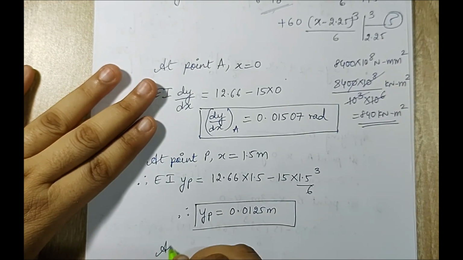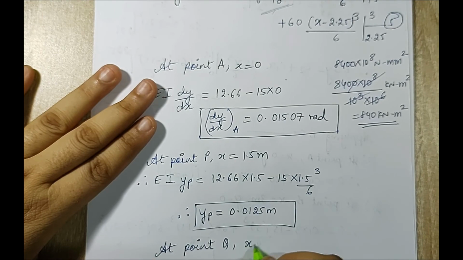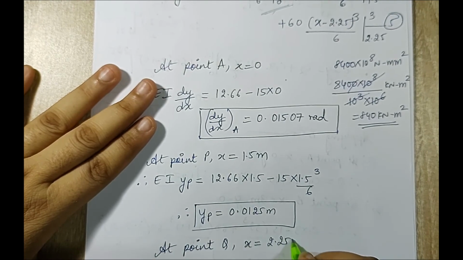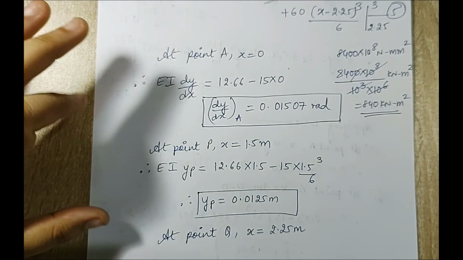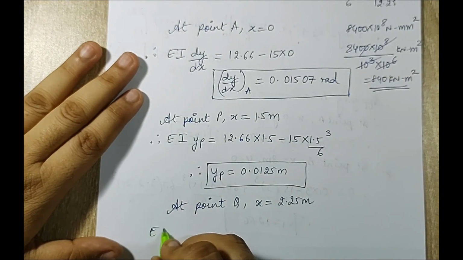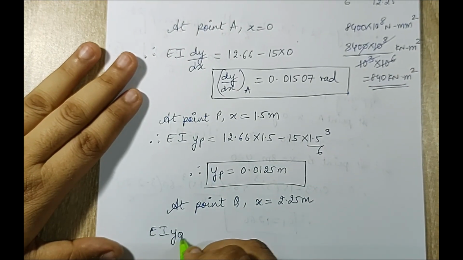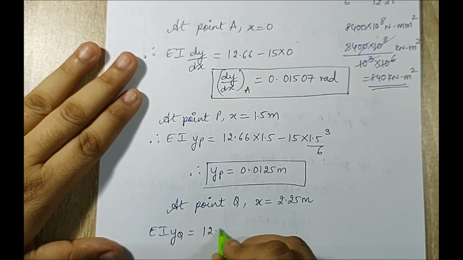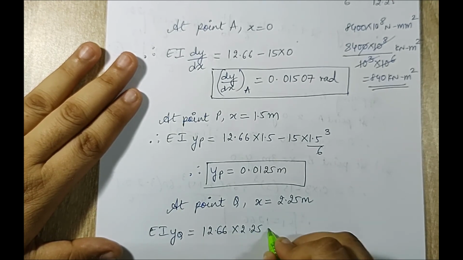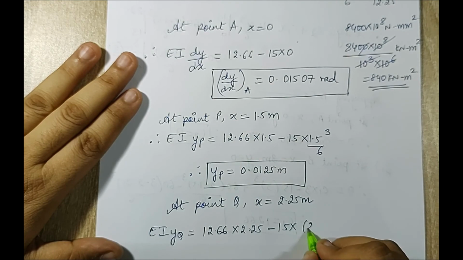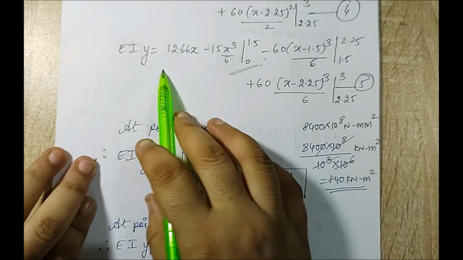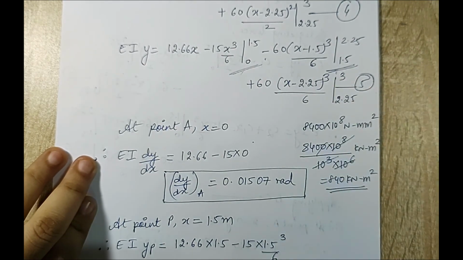Now at point Q, the value of x is 2.25 meter. So when I substitute in the equation, I'll get EI YQ is equal to 12.66 into 2.25 minus 15 into 2.25 the whole cube upon 6. If you look at the equation for Q, I'll have to write up to this point.